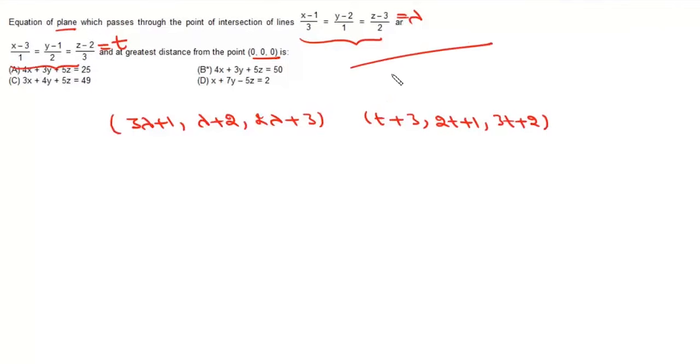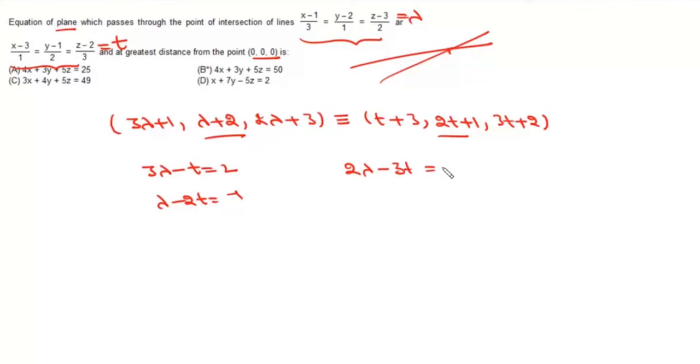Now since we are talking about point of intersection, this point will lie on both the lines. So we'll have a point at which these two coordinates, they'll be same. So we'll get this first equation that 3 lambda minus t equals 2. From this second one we'll get lambda minus 2t equals minus 1, and this third equation which is 2 lambda minus 3t and is equal to minus 1. Now what we'll do is we'll multiply this first equation with 2, so it'll be 6 lambda minus 2t and 4, and then we'll subtract this first equation, so it'll be 5 lambda equals 5.